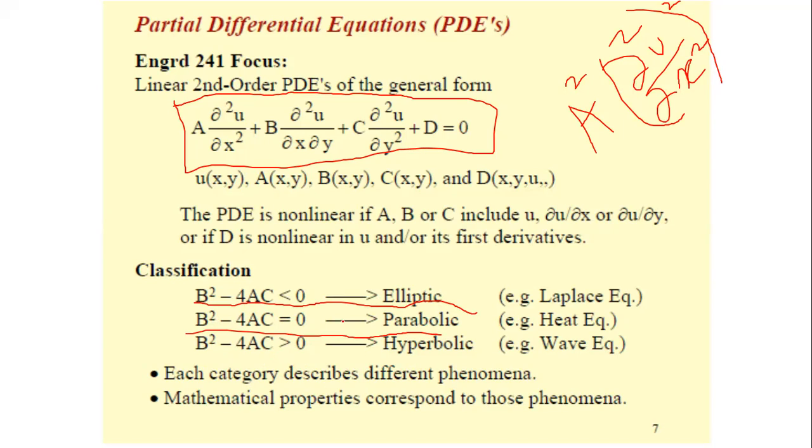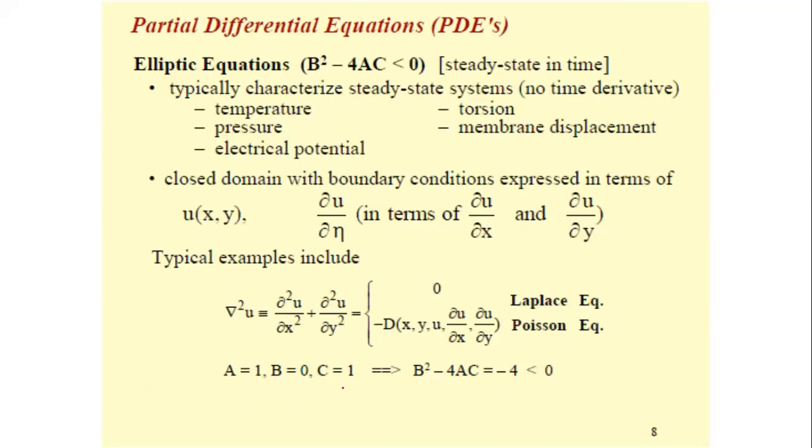And each classification or each category describes a different phenomenon, right? So we will see that. Now, elliptic partial differential equations. Elliptic partial differential equations only involve what is called steady state in time.